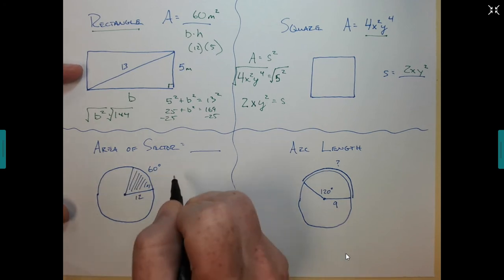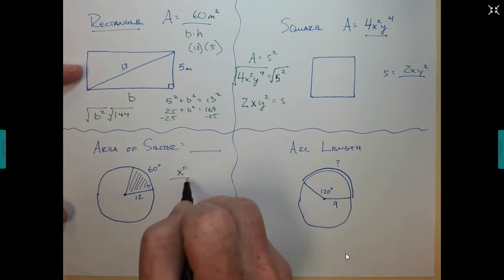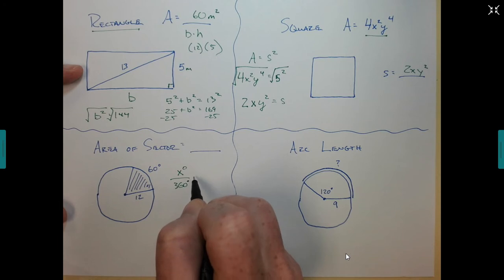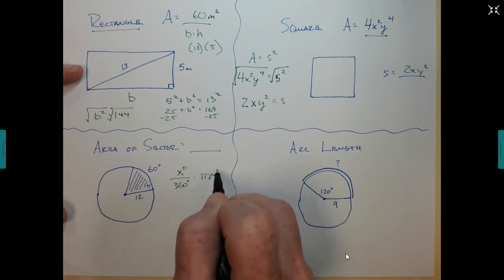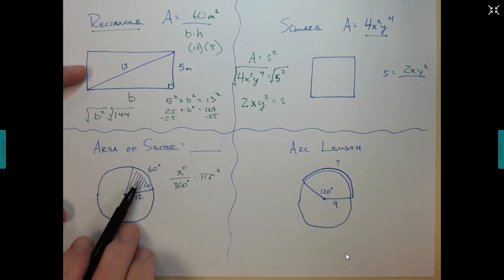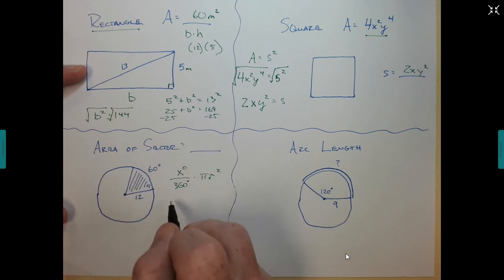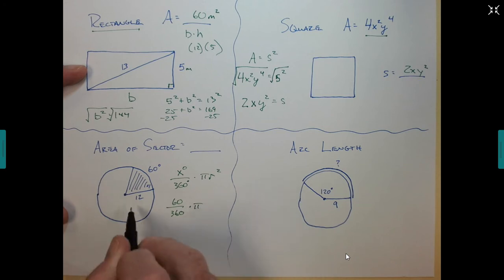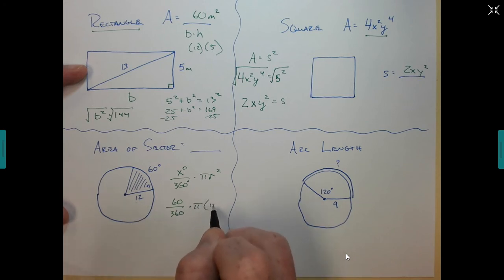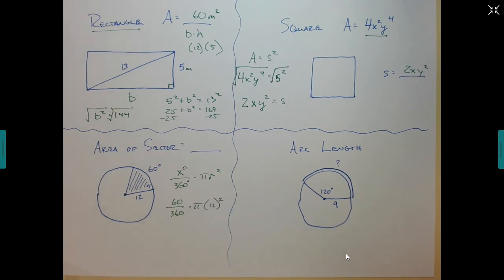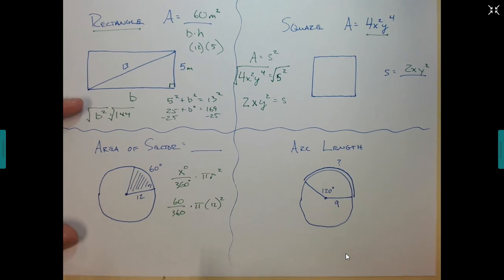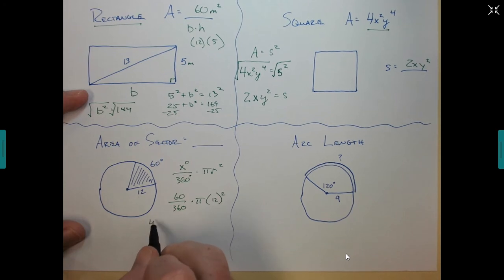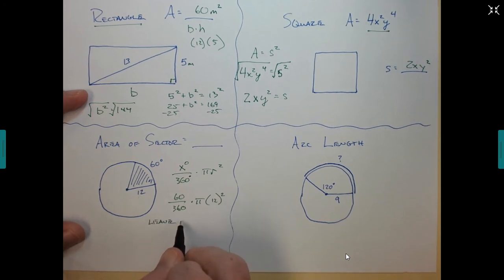Here's the area of the sector problem. Now remember, the question is how many degrees out of 360, times pi r squared. Well, the amount of degrees that I want of this full circle is 60 degrees, and the radius is 12. So we're just plugging the information in. Just understand, you may be asked to leave your answer in terms of pi.